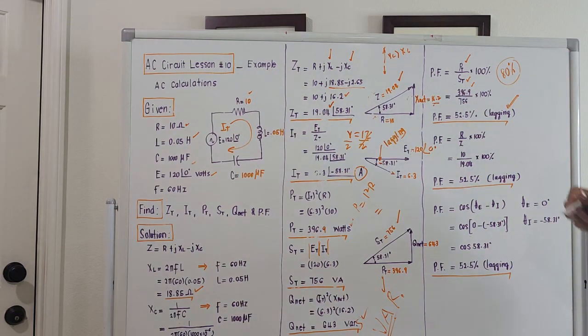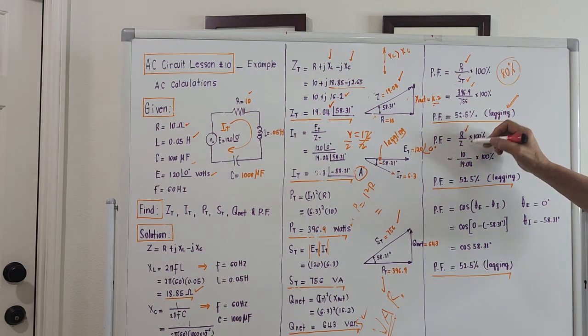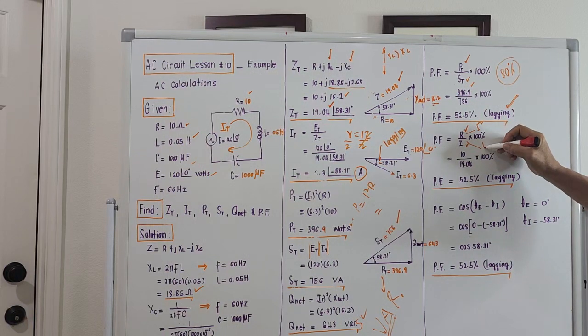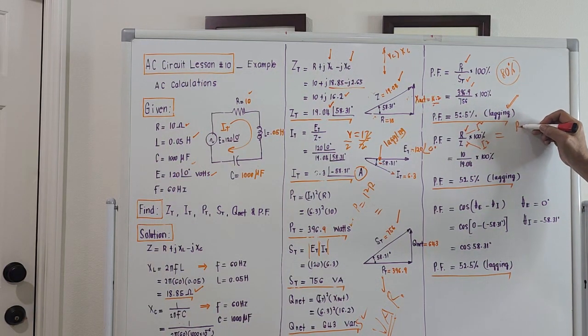So the second solution will be the ratio R over Z. Because if we multiply this by I square, and again multiply this by I square, it becomes true power and apparent power, right? It's the same as this one.